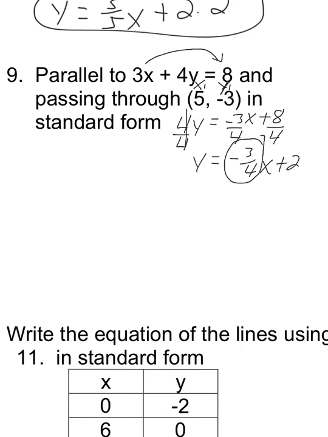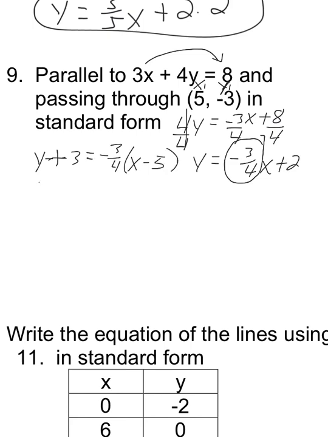Now I use my point-slope formula. Y minus y1, which is a -3, that makes a positive. Equals slope, which is -3/4, times x minus x1, which is 5.